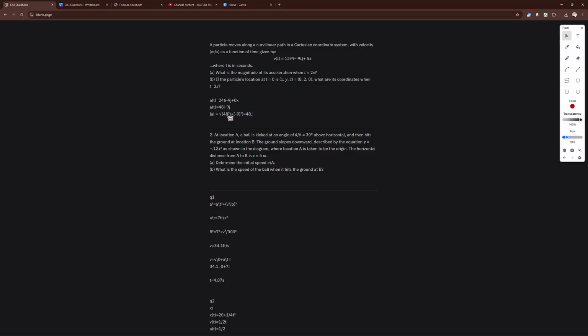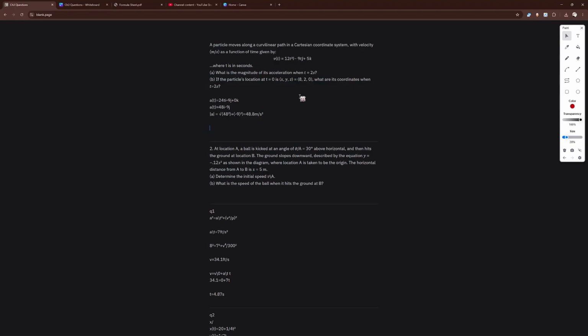That's part A done. Now on to part B. If the particle's location at t equals 0 is xyz 8, 2, 0, what are its coordinates when t equals 2 seconds?